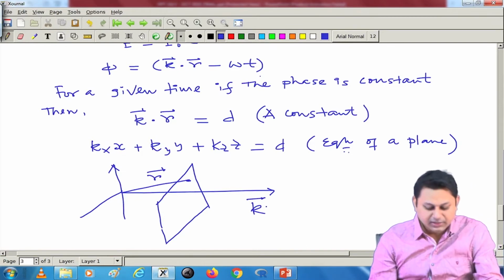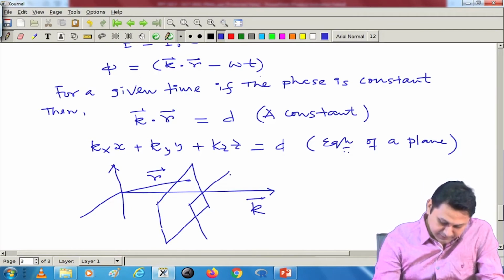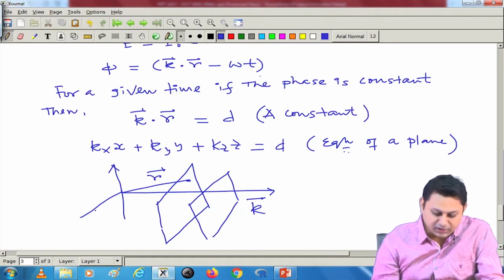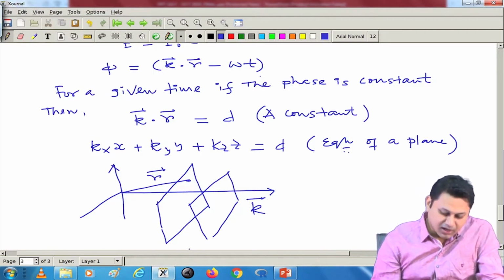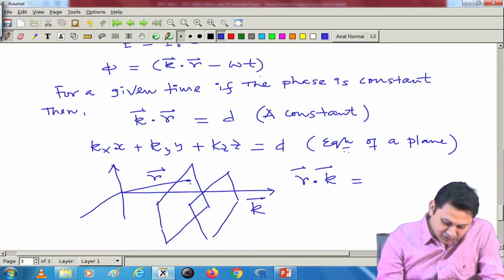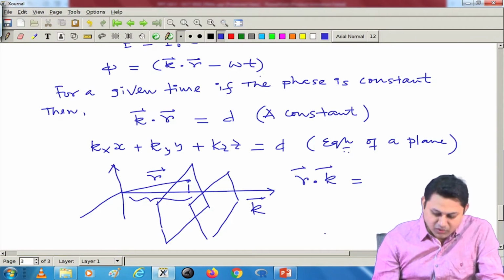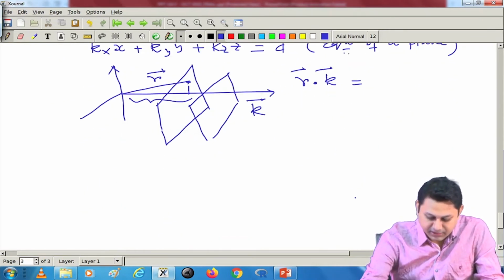Along this direction the entire plane is moving like this, the next point is like this, and so on. So, these planes are moving. Every time when I calculate k dot r, or r dot k, this quantity is basically the projection of r over this point. So, if I make a projection, this is the point I am calculating every time. So, this is always constant if I have a plane.